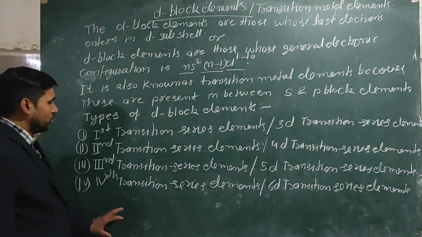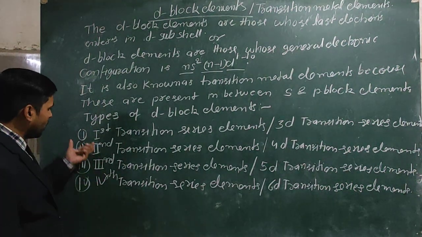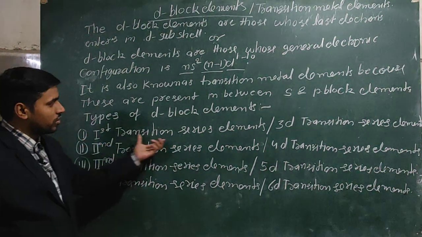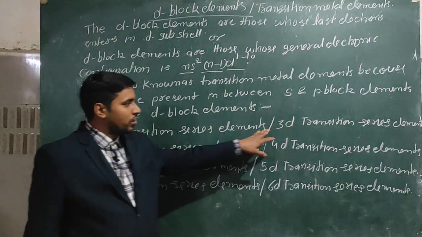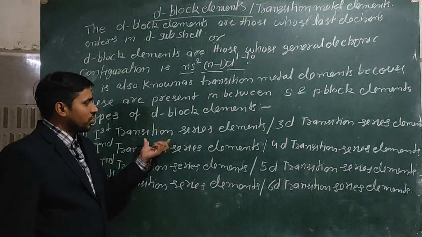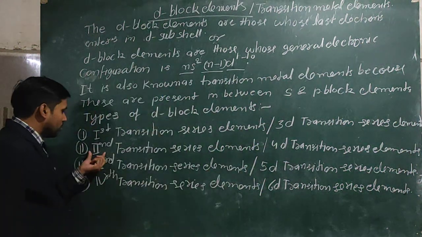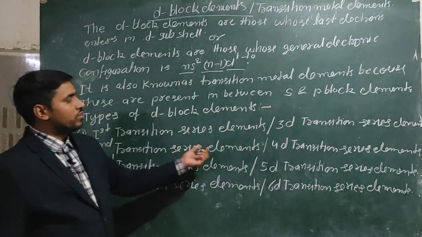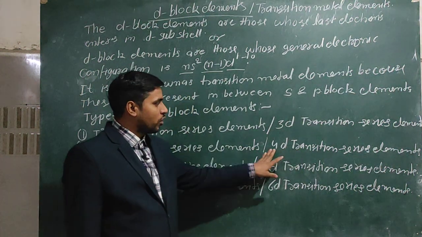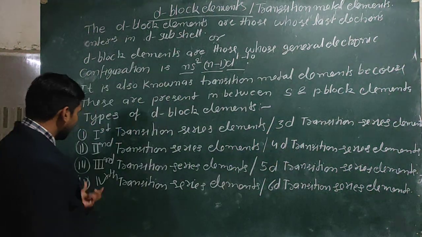In this classification it is clear that all the d block elements are categorized into four categories. The first is known as first transition series elements or 3d transition series elements because the last electron enters in 3d subshell. Second transition series elements are also known as 4d transition series elements because the last electron enters in 4d subshell.